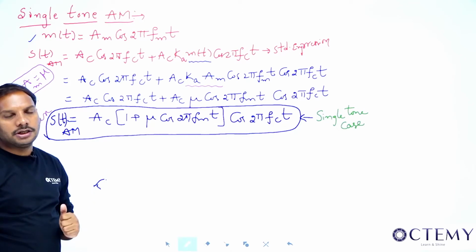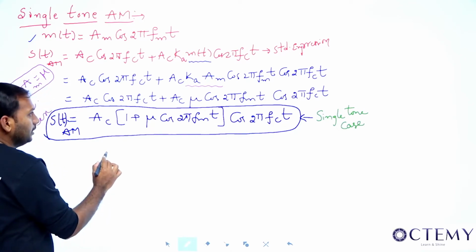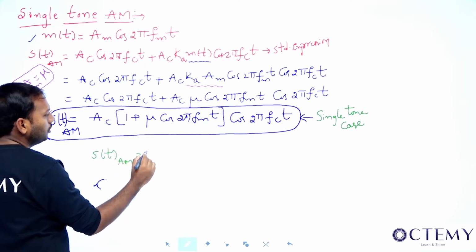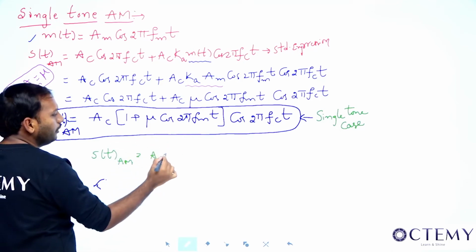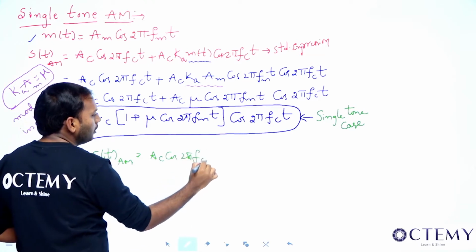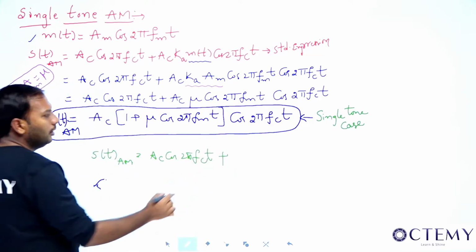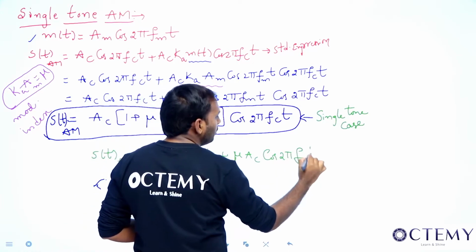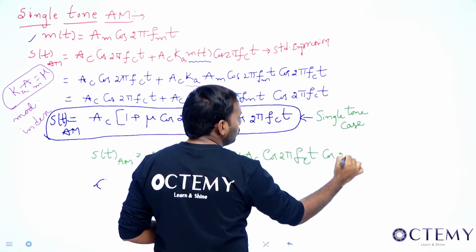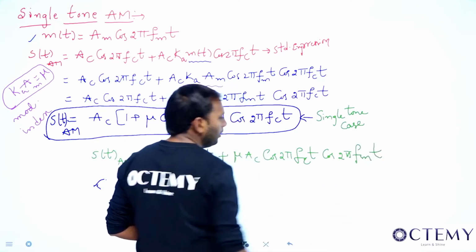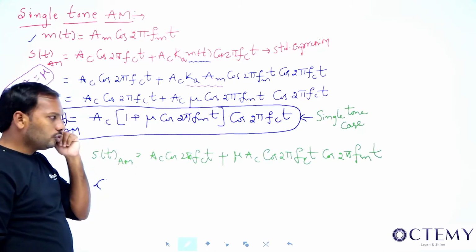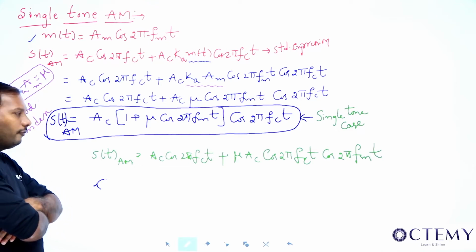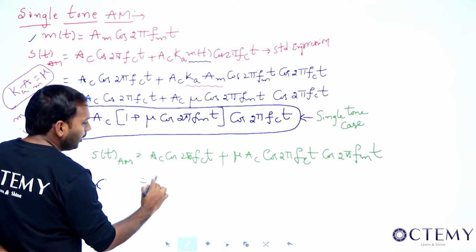Now what I have to analyze actually. See here, I'm analyzing like this. s of t of AM is equal to Ac cos 2 pi fc t plus mu Ac cos 2 pi fc t cos 2 pi fm t. Now I am still simplifying this.